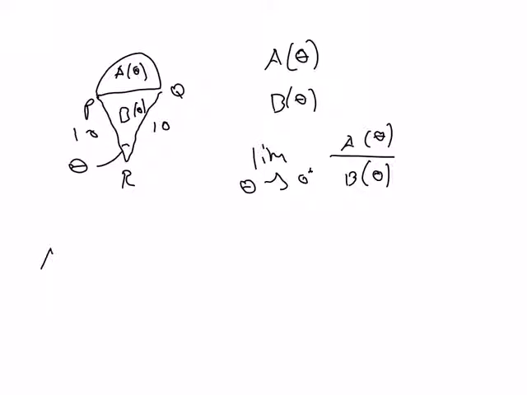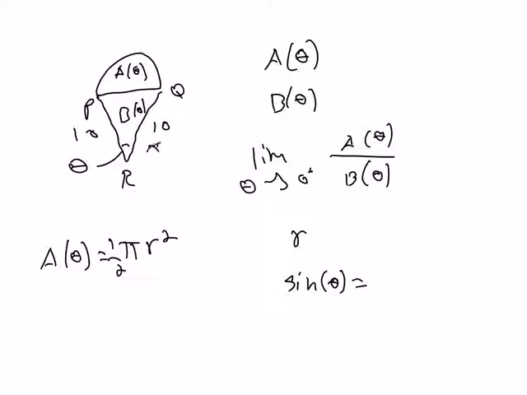So we know that A of the angle is equal to pi r squared, a half of it, because it's a half circle. So the area of a circle would be pi r squared, so this is half of that. So what is r? If you use the definition of sine, we have sine of an angle is equal to the opposite over the hypotenuse.